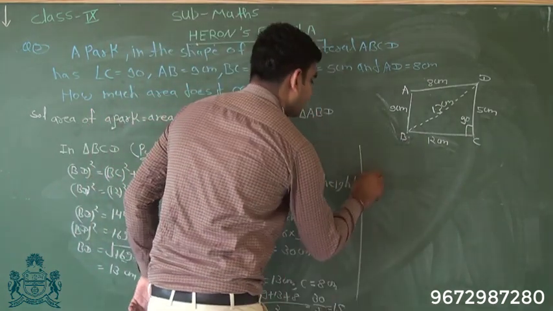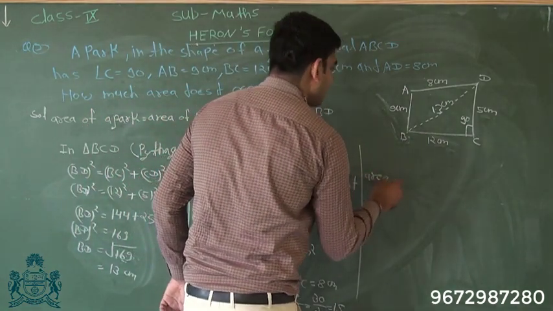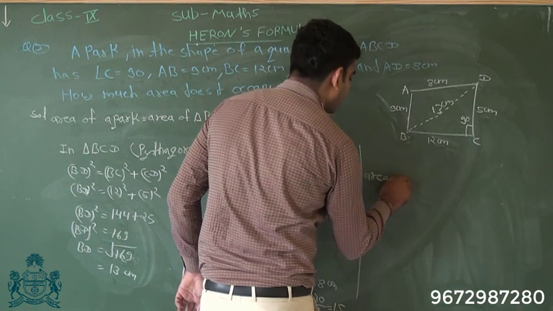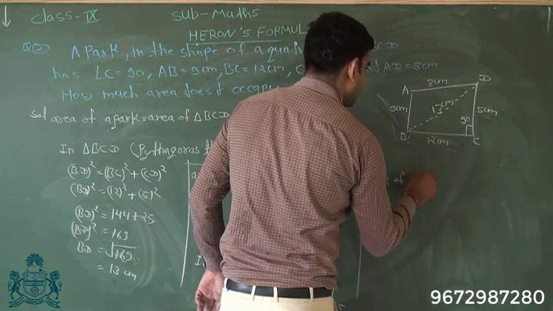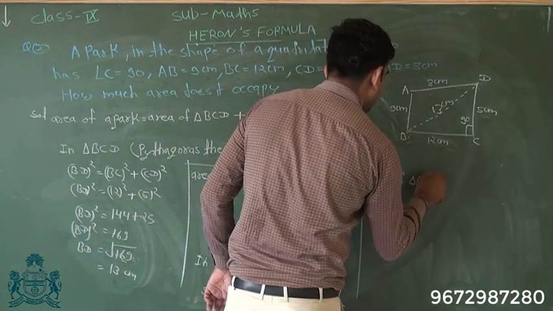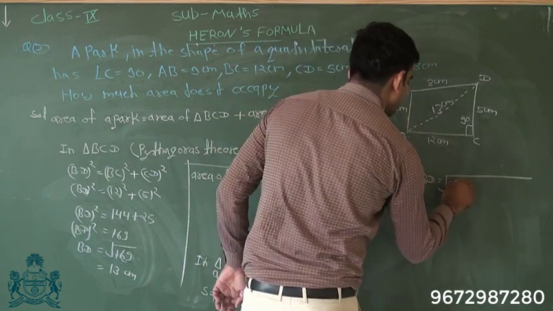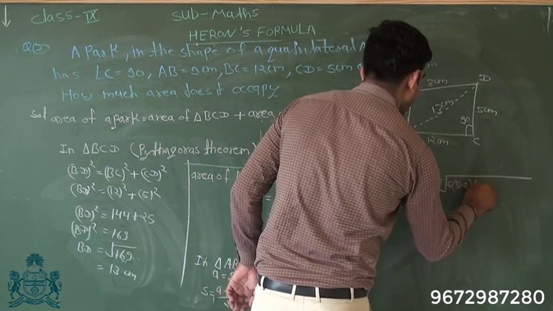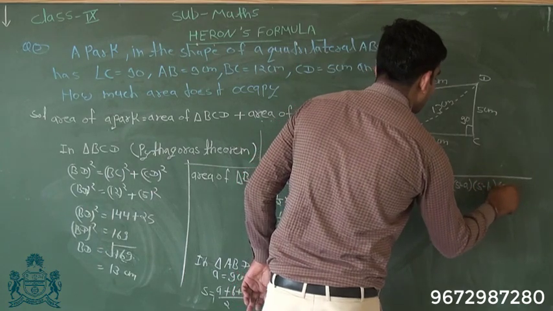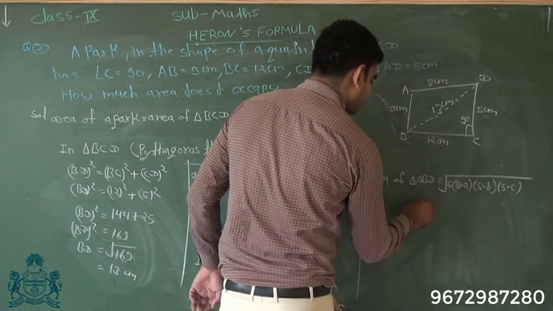Then by using Heron's formula, the area of triangle ABD equals the square root of s into s minus a into s minus b into s minus c.